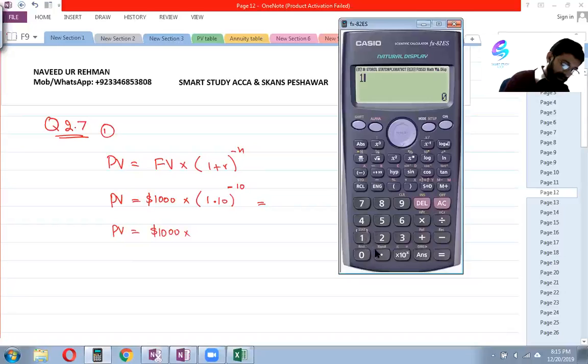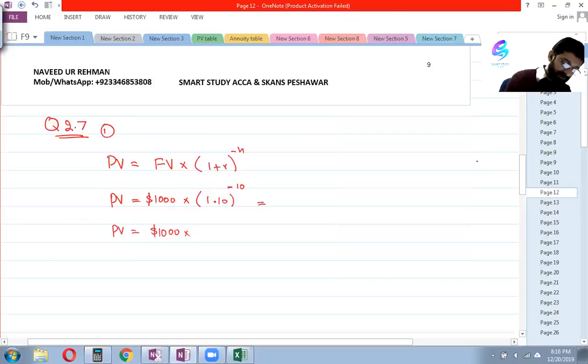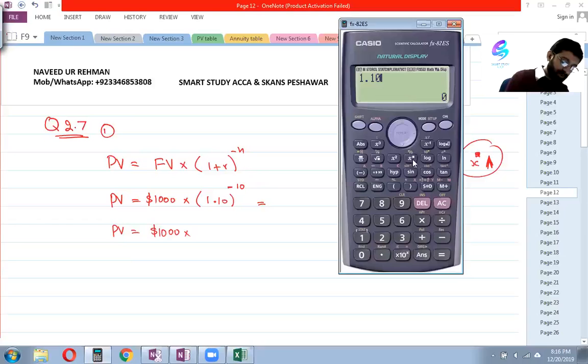It will be 1.10, and for raised to the power, your calculator will have either this sign or maybe the opposite V sign, an upside down V. So 1.10 raised to the power, and the bracket has opened automatically. If it doesn't open automatically, please open it manually. Minus 10.